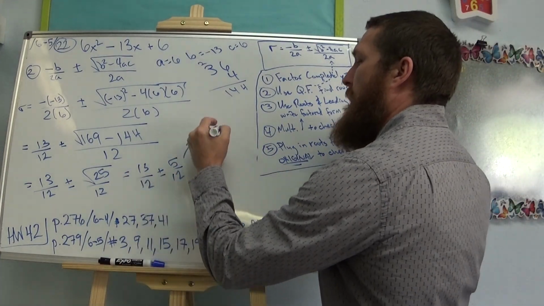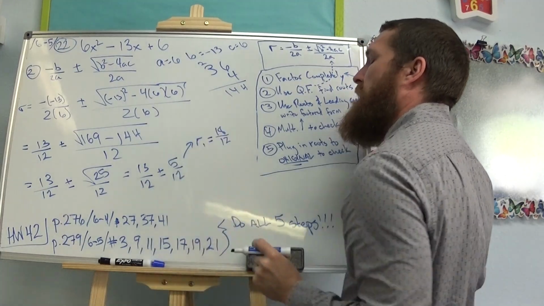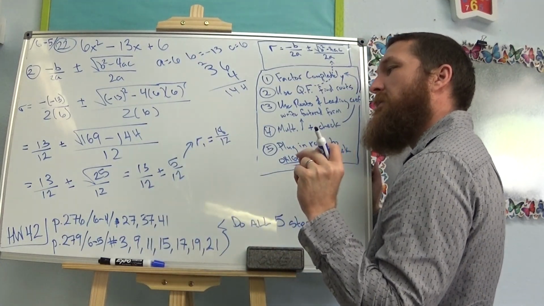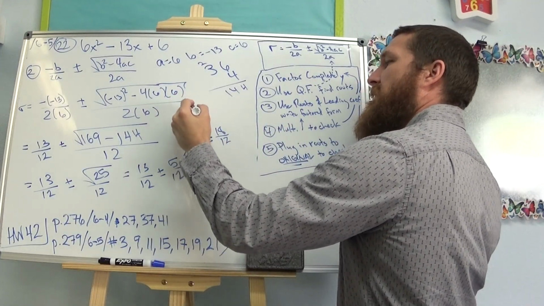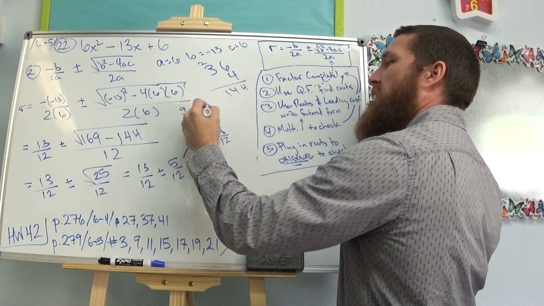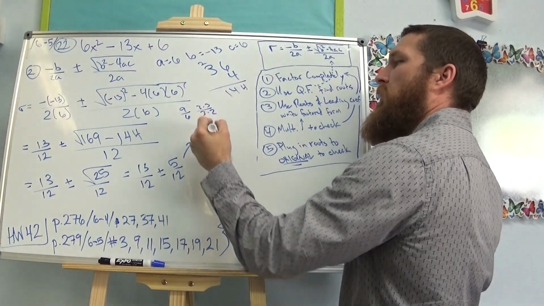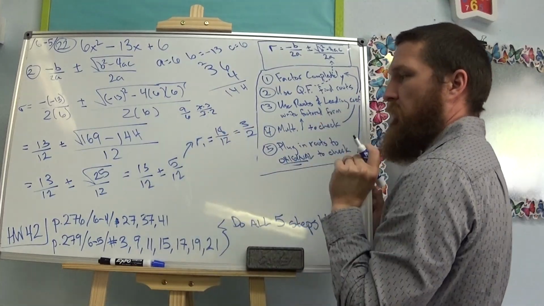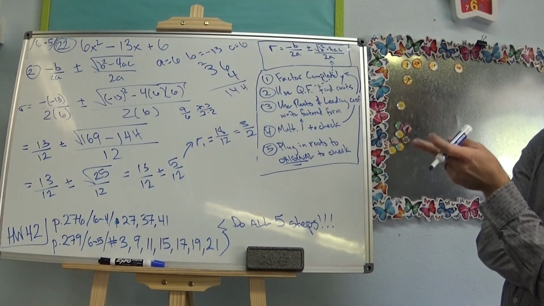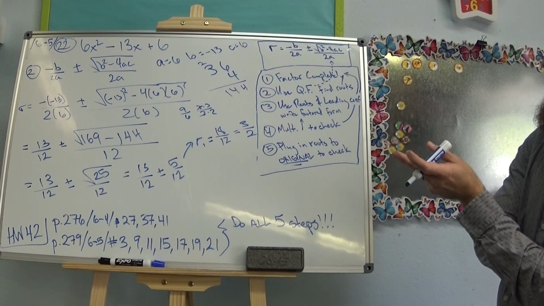So 18 twelfths. It would be 9 sixths. Does that come down some more? 9 sixths is the same thing as 3 times 3 over 3 times 2. So 3 halves. Let's see, divide the top by 6, divide the bottom by 6.